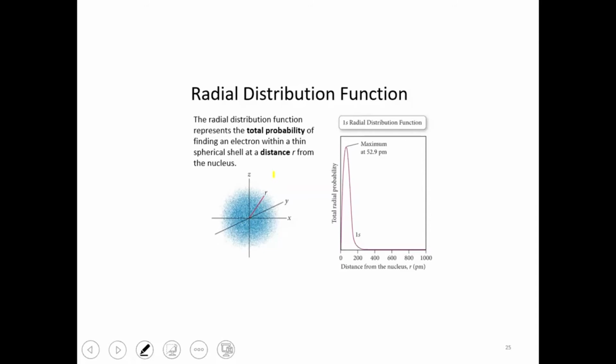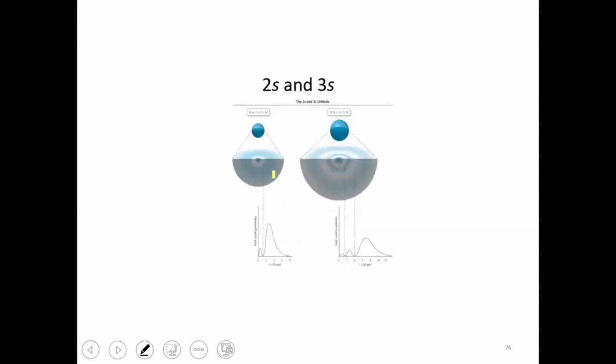That's kind of like the overall radius of this spherical electron cloud. And the electron is oscillating within that region of space, mostly with its density being around 53 picometers. Now, what happens when we go to, let's say, levels 2 or 3?